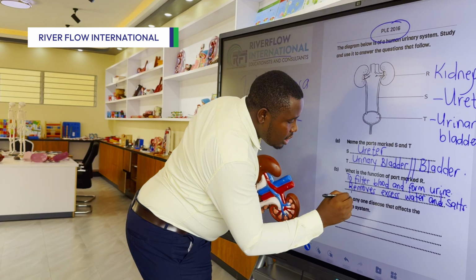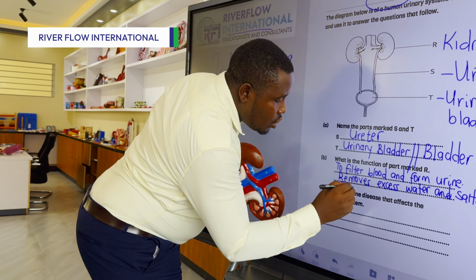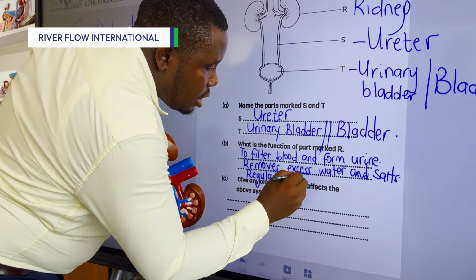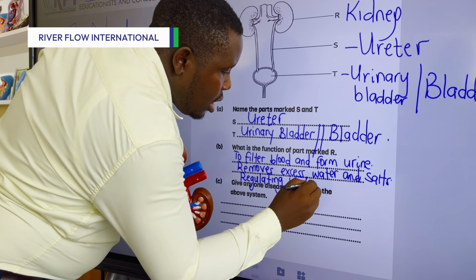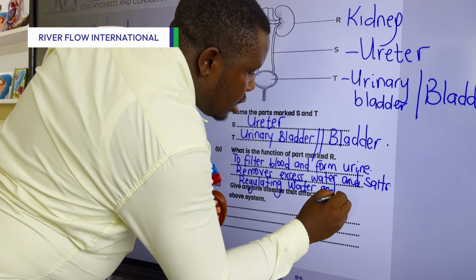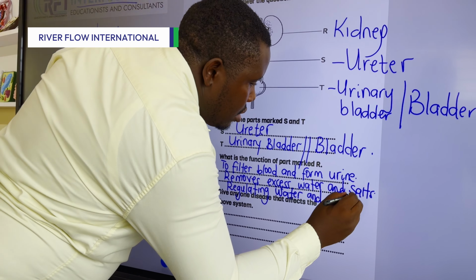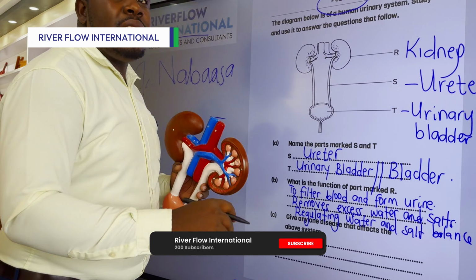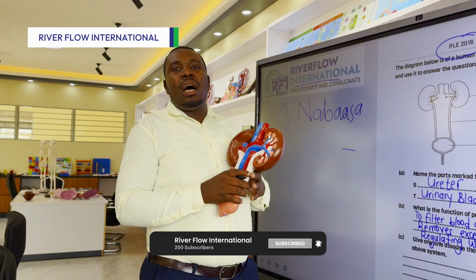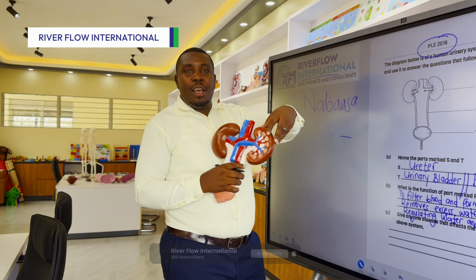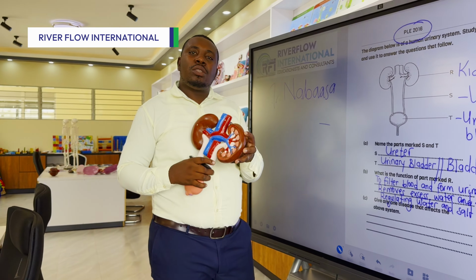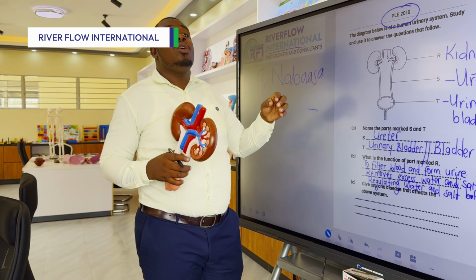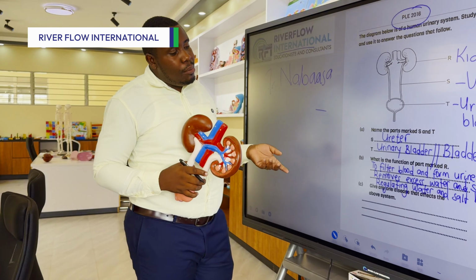That's why when you study biology, they can tell you that kidneys play a key role in regulating water and salt balance. Why? Because when you go into the details of biology, you will see some of the parts of the kidney helping in absorbing excess water which is in the body, and it is able to excrete it.